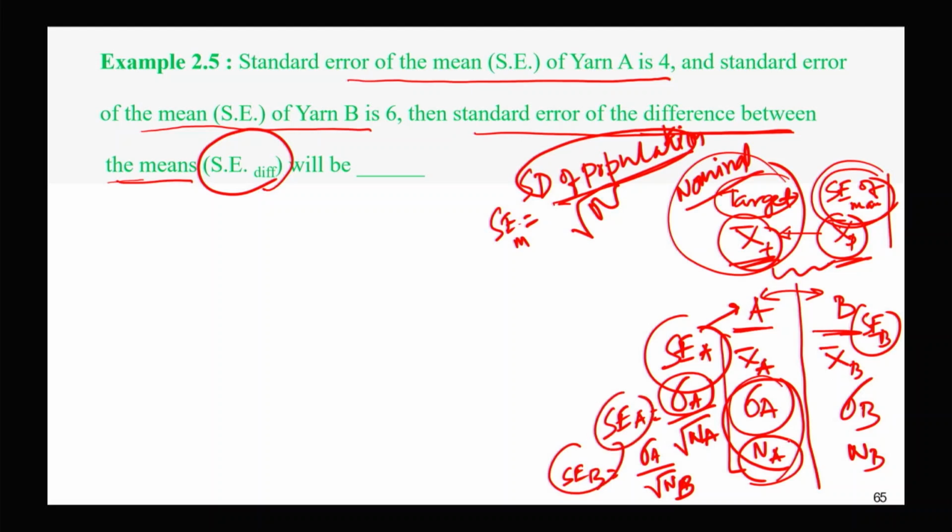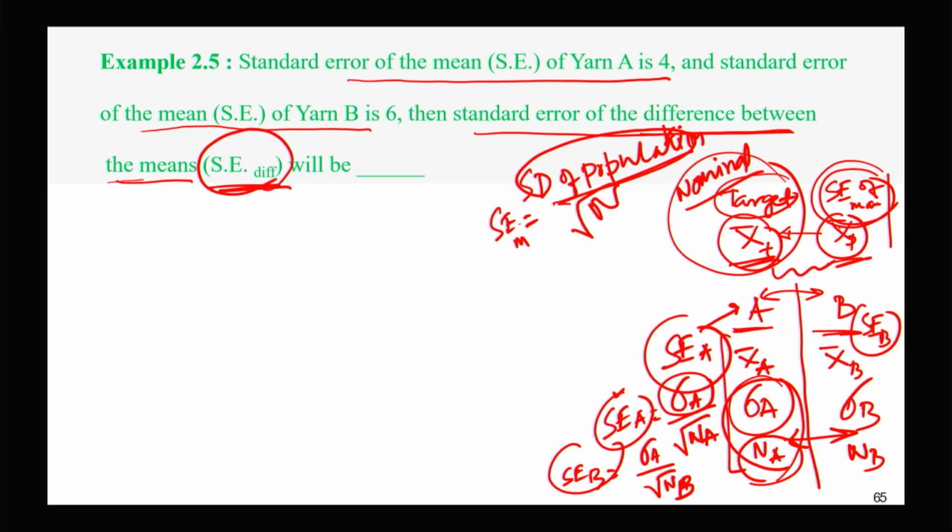What we are trying to get is the difference between two sets of data, from machine A and from machine B. In that case, we don't use the normal standard error. Here we use the standard error of difference.